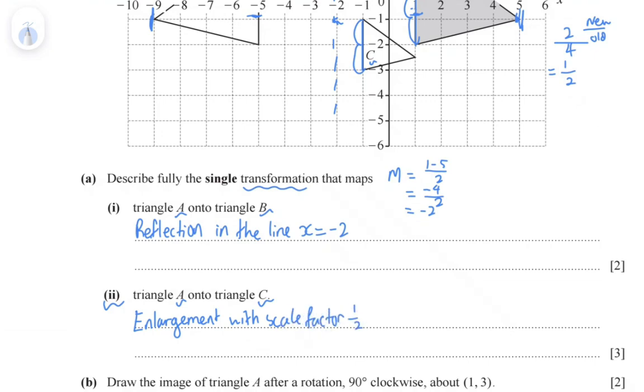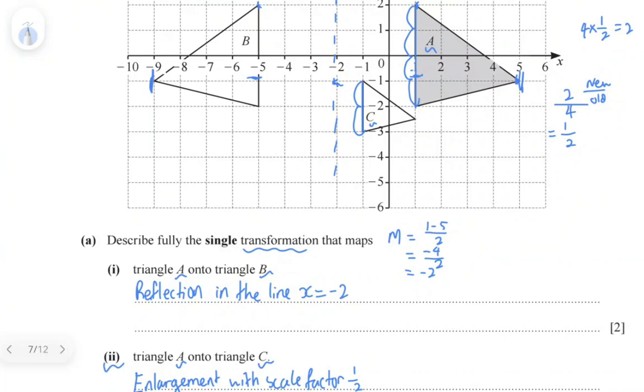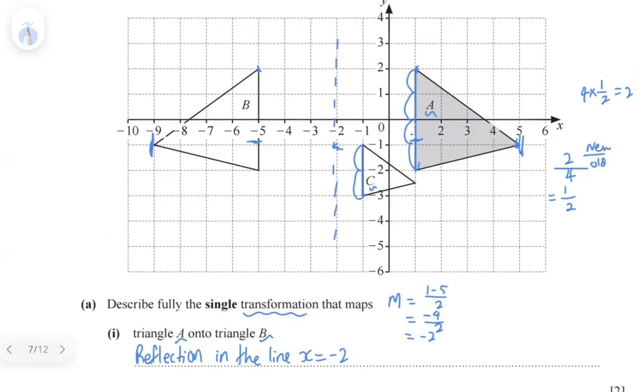of a half. And to find the point of enlargement, we will draw lines connecting the two points on the triangle and continuing the line. Okay, so we will connect points on the two triangles and connect the lines.